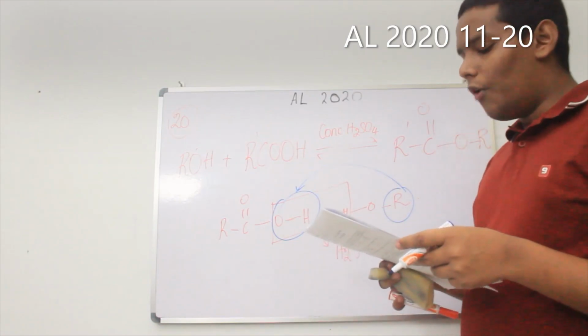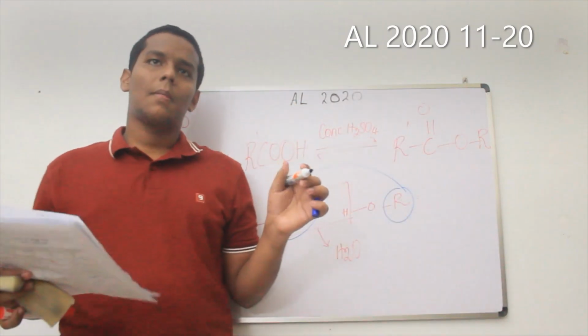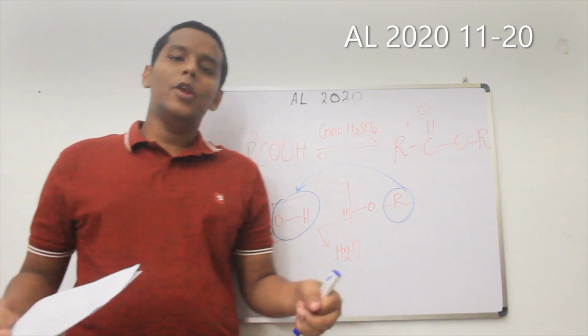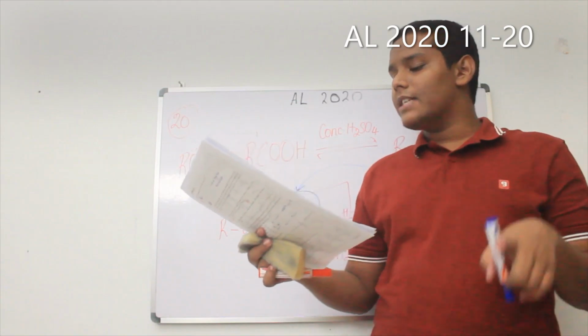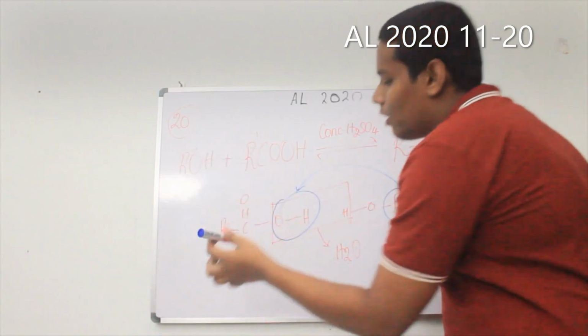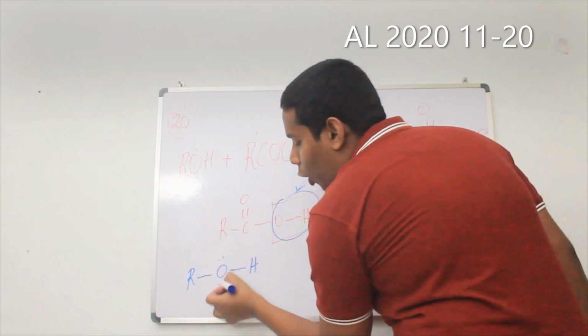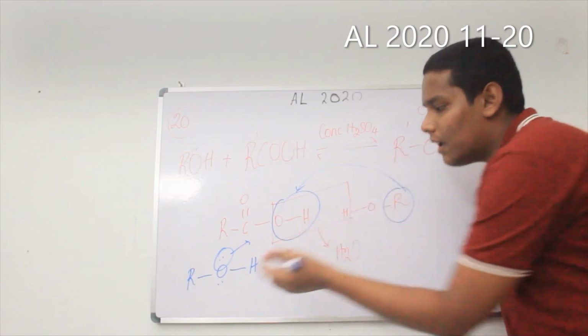So first one, the overall reaction is nucleophilic addition. Wrong. It is not a nucleophilic addition actually. It's a type of nucleophilic substitution. Second one, it is a reaction in which alcohol acts as a nucleophile. Correct? Yes. Alcohol has ROH, a lone pair that can be donated is present in alcohol.